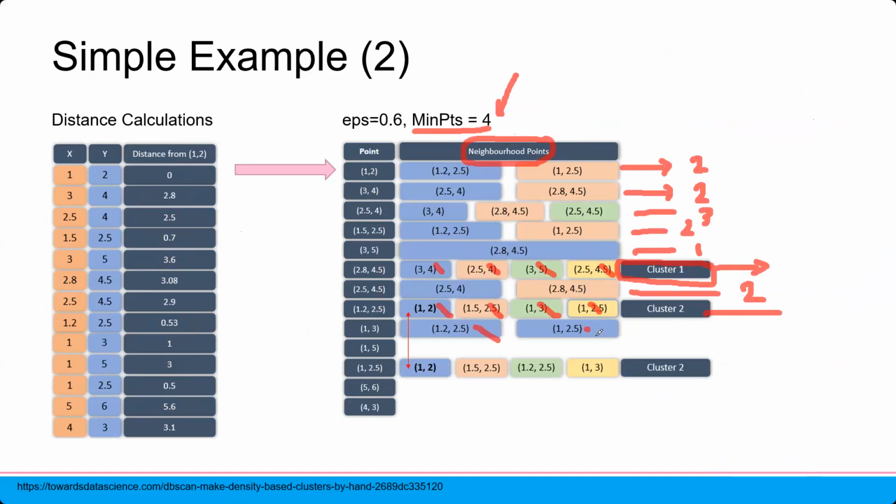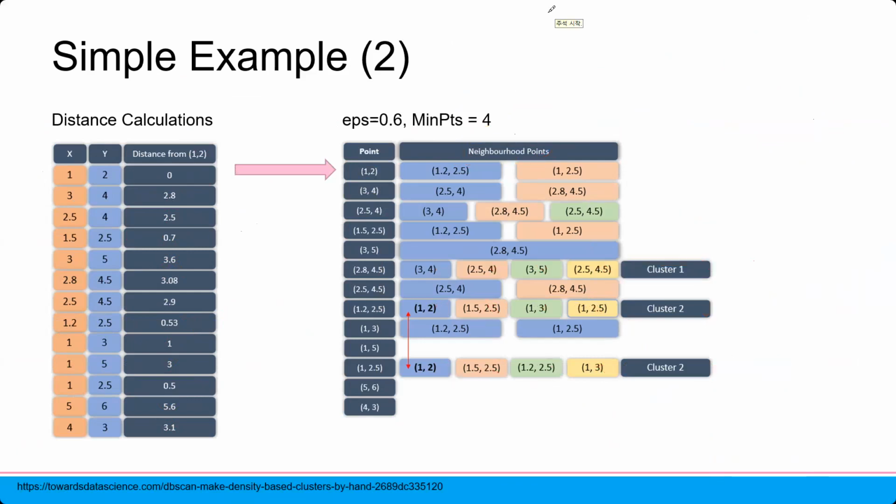This one has only 2. And we have 1, 2, 3, 4, so this is another cluster. Now, if you look at the details of those points, those 2 clusters are the same.